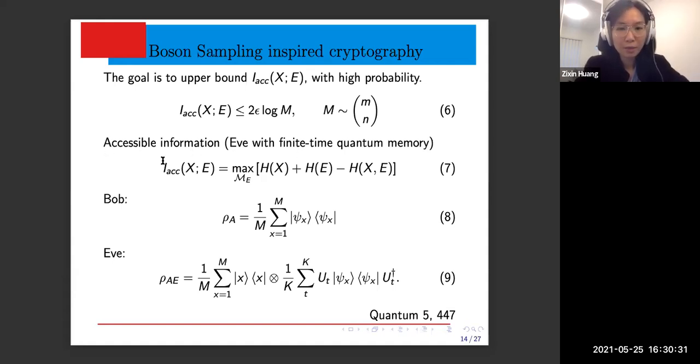The accessible information on the screen, as you've seen before, is valid under the assumption that Eve has finite quantum memory. If we impose this assumption, then the protocol becomes composably secure again.